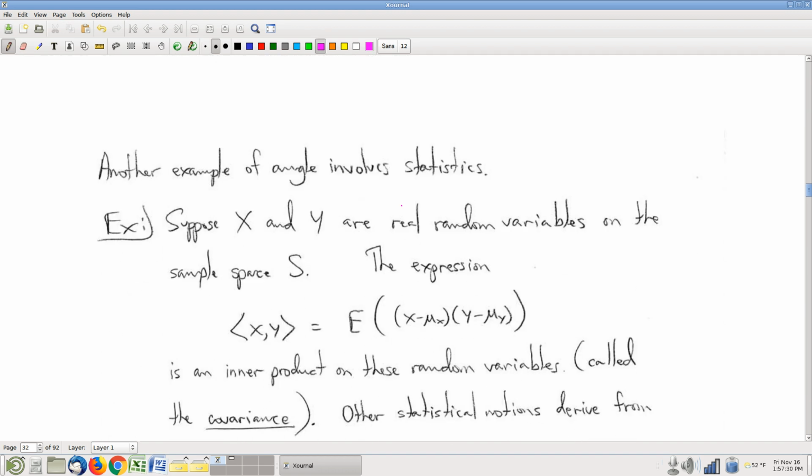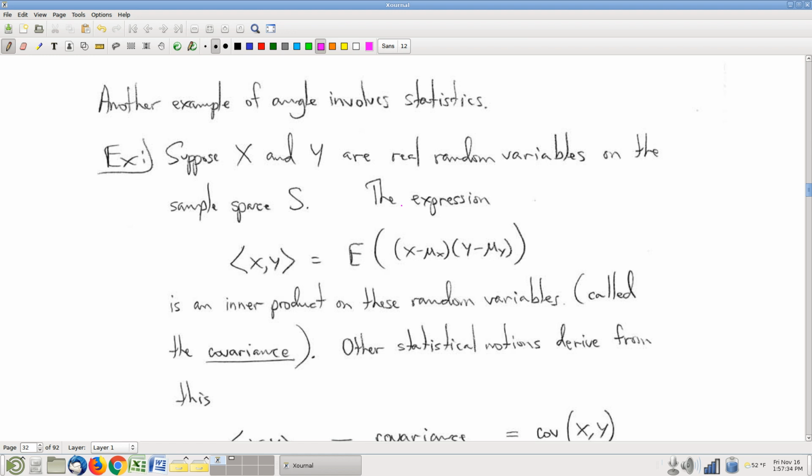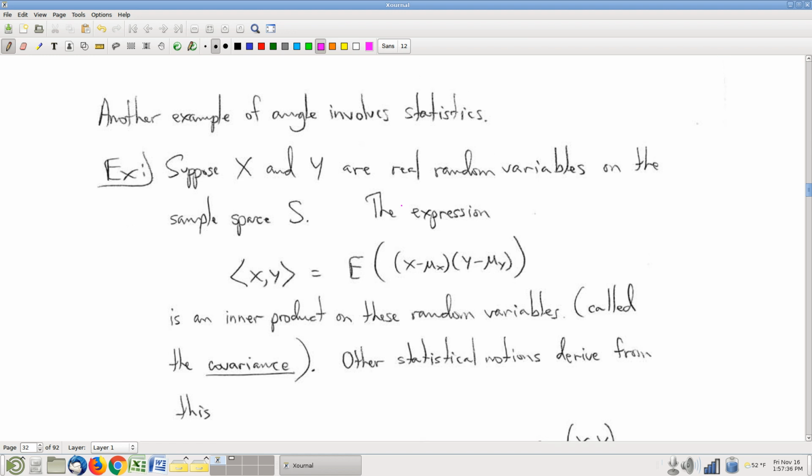Okay. So I have one more example of a useful inner product I want to talk about. This goes to statistics. If you have had a stat class before, and you know some of these objects we're about to talk about, such as covariance, cool. If you haven't had a stat class, don't worry about it. I'm going to tell you all you need to know for the purpose of making this interpretation now. And when you do take a stat class, keep this example in mind.